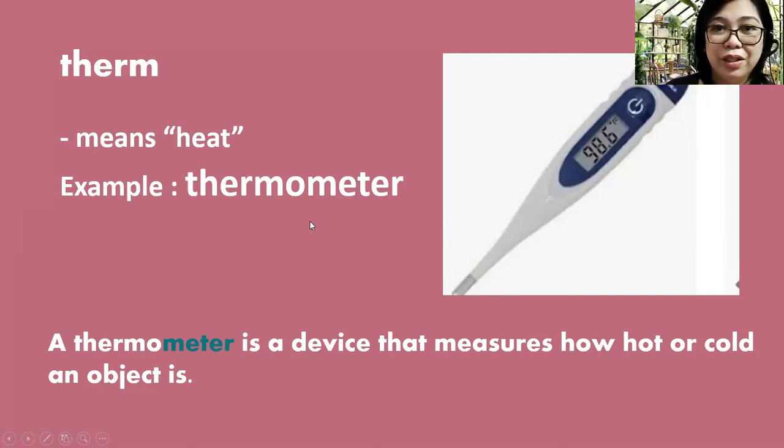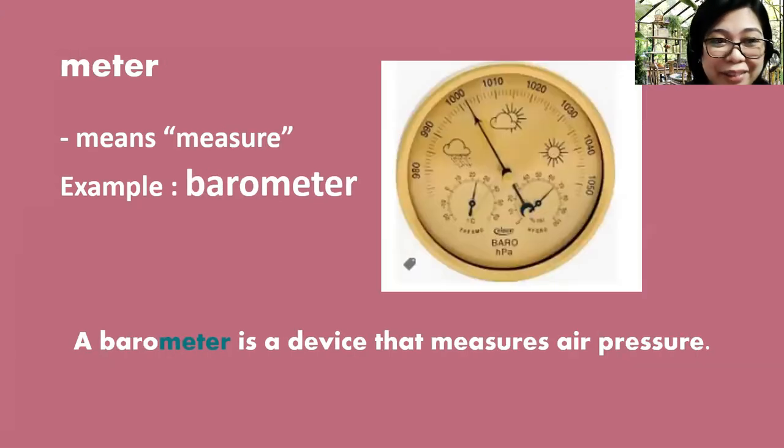This is one of the tools scientists use. Meter is actually another root word. So therm plus meter, they were able to form thermometer. Meter meaning measure. Therm meaning heat. So measure heat. That's a thermometer.